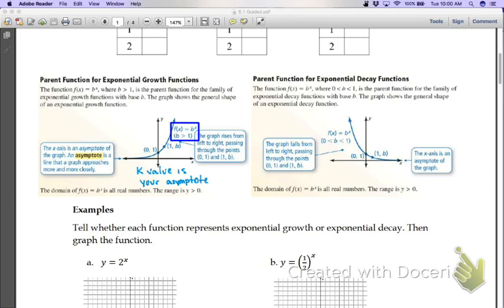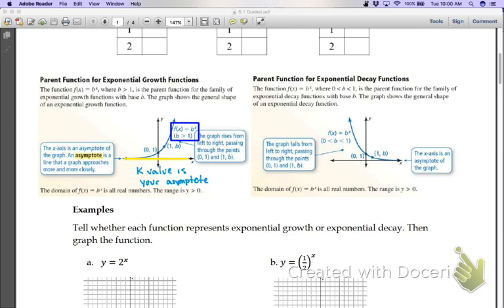I don't like just saying that the x-axis is the asymptote. It's whatever your k value is. So if we move everything up or down, even if we flip it, even if we make it go in a negative direction, your k value will always be your asymptote of your function.